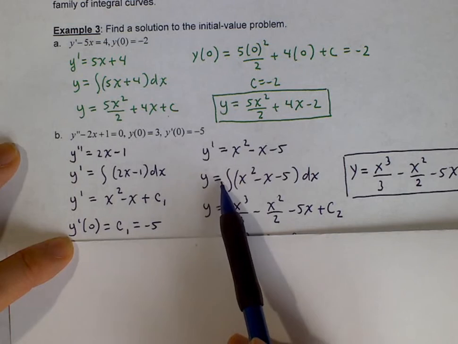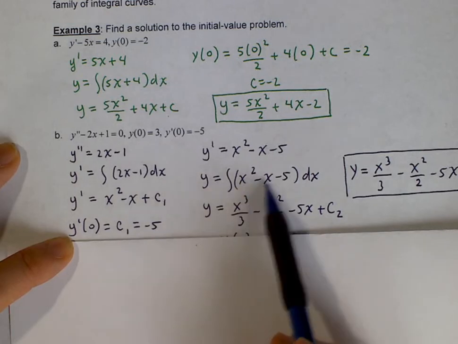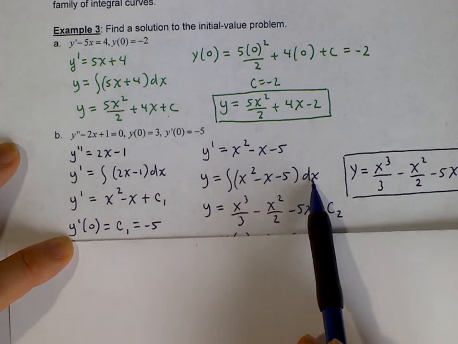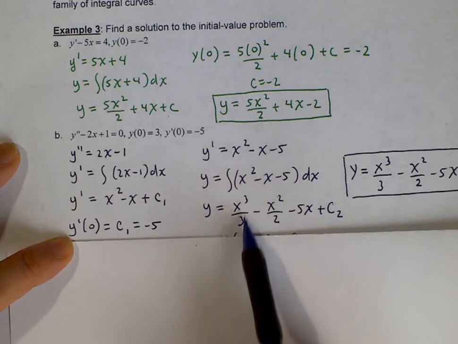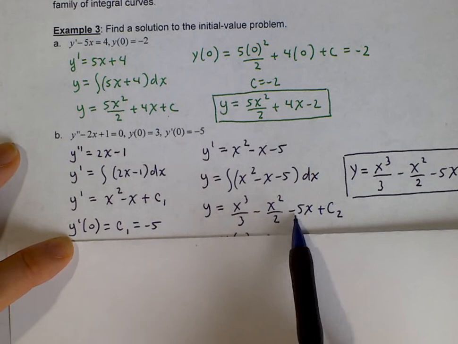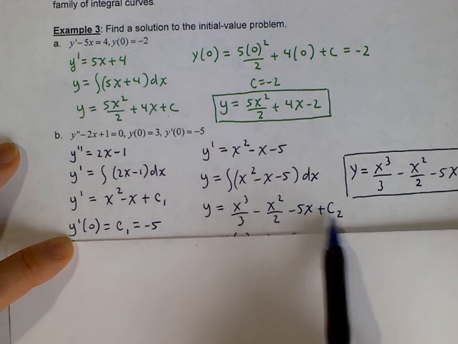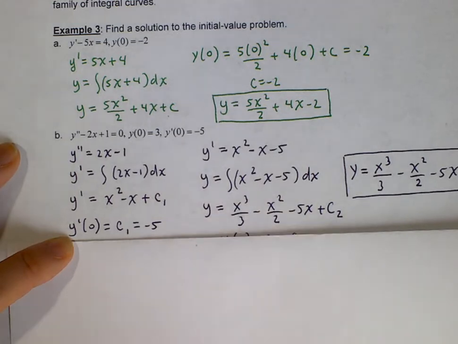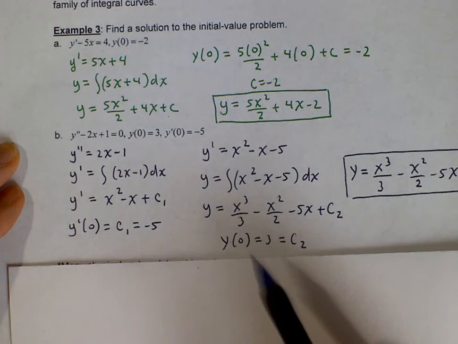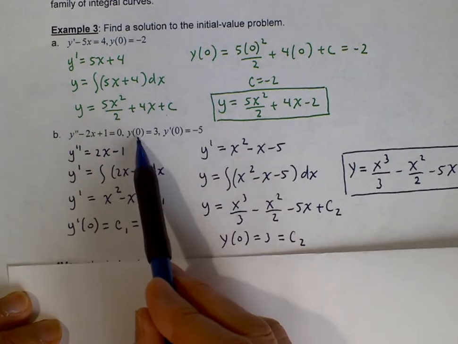So you have y is equal to the integral of x squared minus x minus 5 dx. Take this integral, so that's x cubed over 3 minus x squared over 2 minus 5x plus, and then I'll call this C2. Substituting in your values, now I'm using this condition.